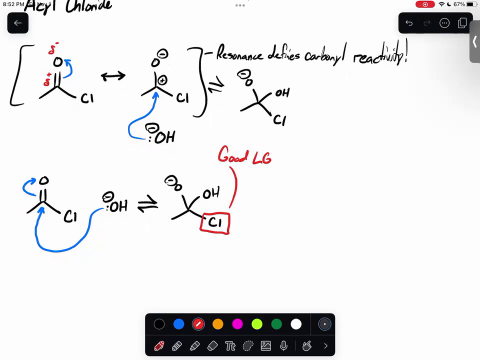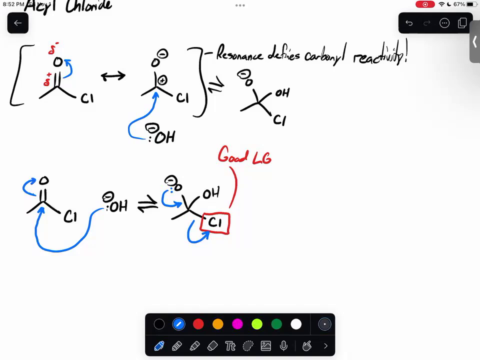So you can think of this as, if you were to try and do something with this, it looks more tertiary, so you couldn't really do an SN2, but the chlorine could leave on its own. But because that would leave a carbocation, and that's not really a good thing, the oxygen actually forms a double bond to assist in kicking the chlorine off.